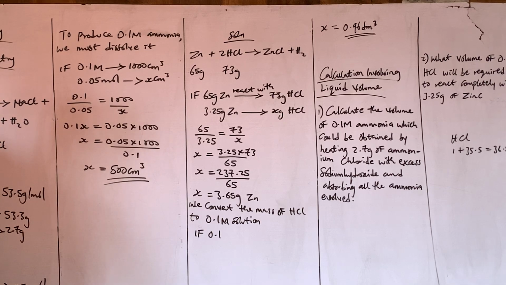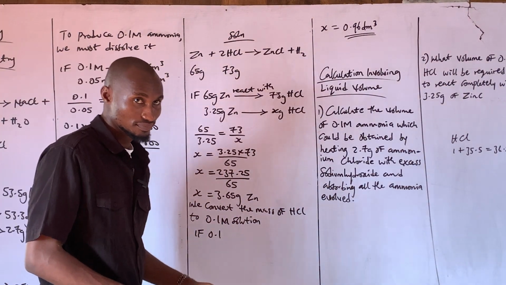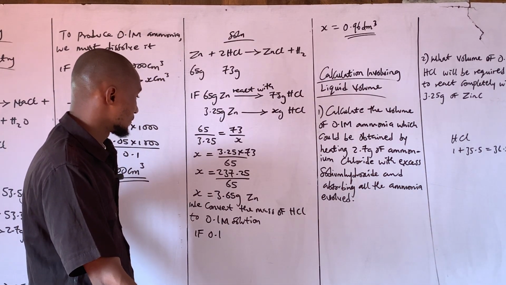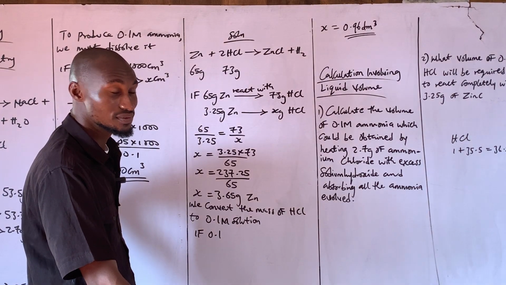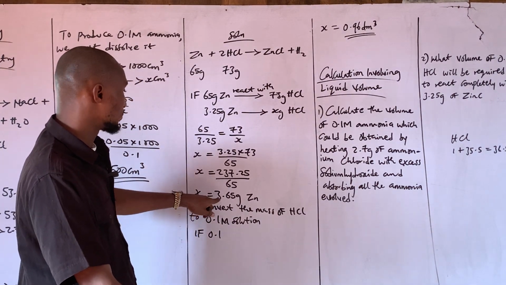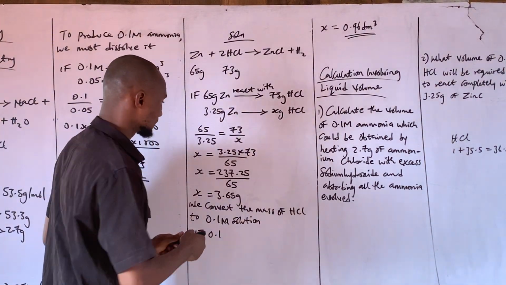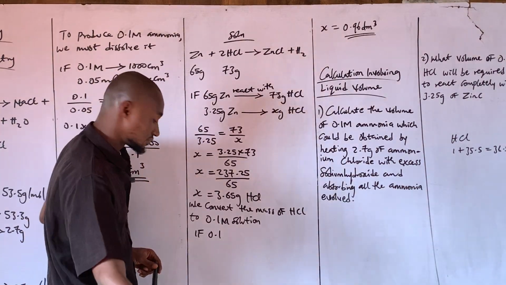From what you saw there, that X is 3.65 gram of hydrochloric acid, right? It's not zinc, it's hydrochloric acid. This is 3.65 gram of HCl. That is correct.